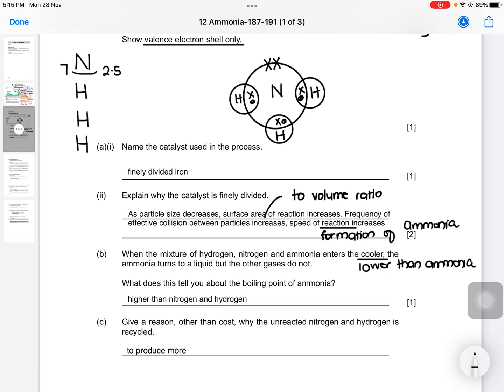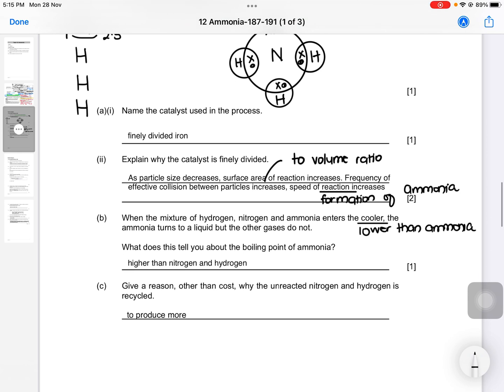If you recall, under the section of separation techniques, this method is called distillation. For distillation, there is one part where you use the condenser.